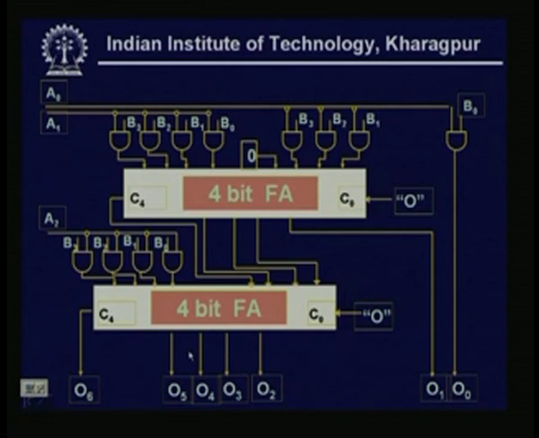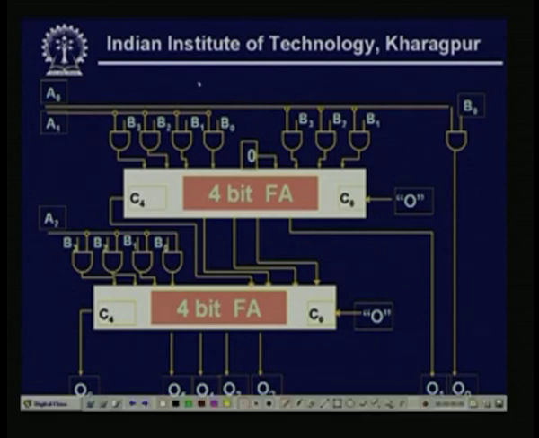Now, we take a 4-bit multiplicand, say B3, B2, B1, B0, and the multiplier is a 3-bit number, say A2, A1, A0.